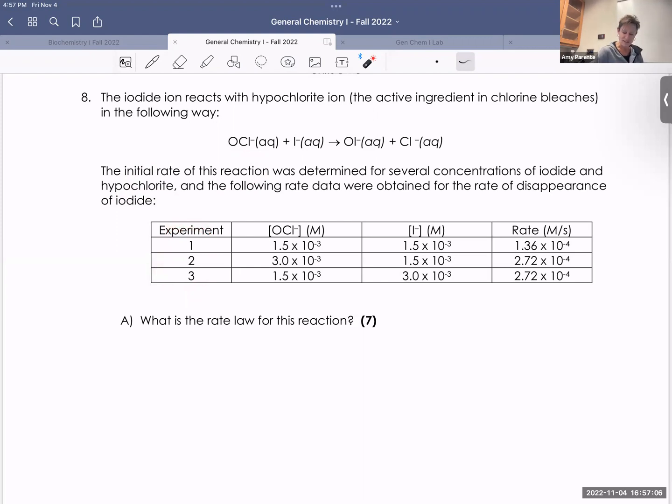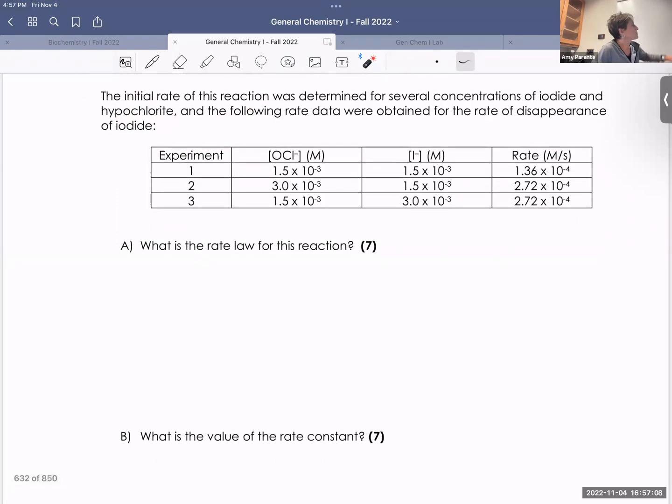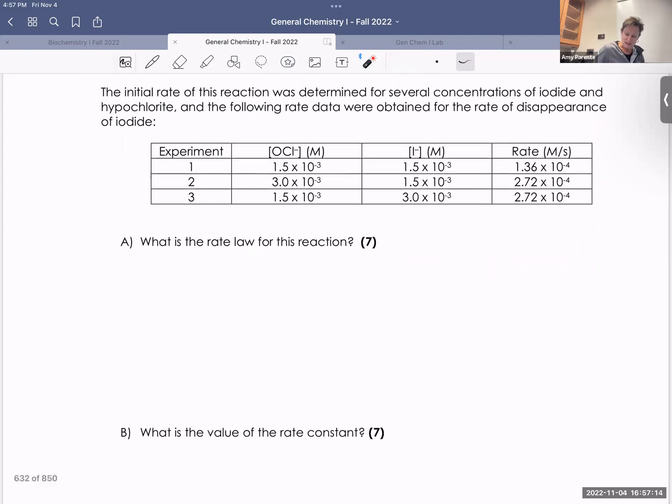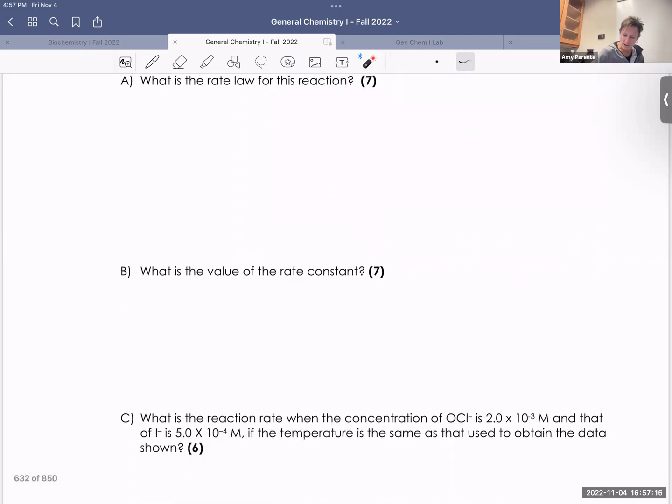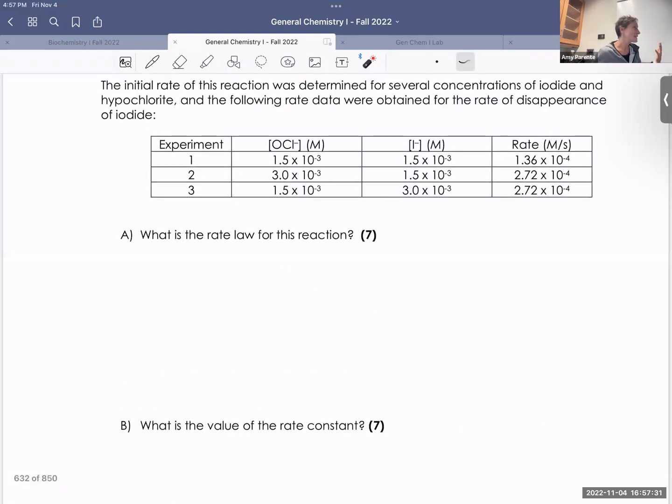When you see stuff like this, it's generally going to ask you to determine the specific rate law and the rate constant. And then here's an extra piece down on the bottom. Once you have your specific rate law, you can figure out the rate with any given concentration. So we're then going to solve the rate law for rate.